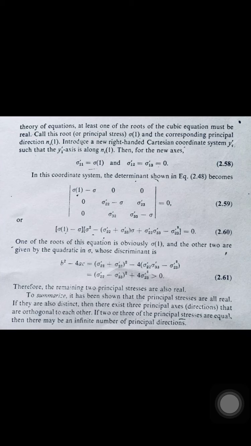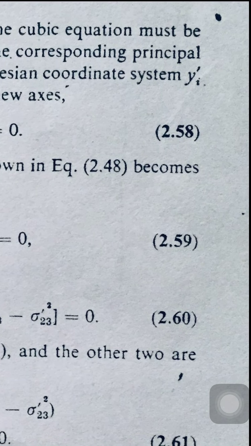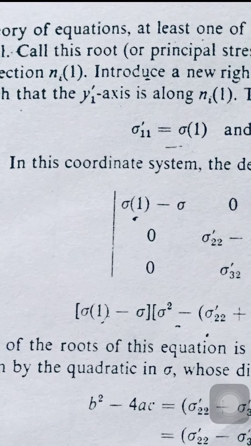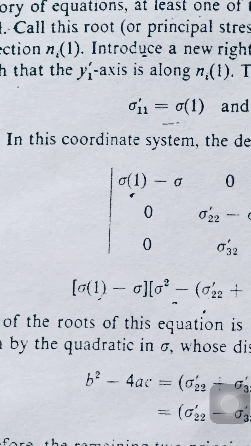What is the theory of equations saying? Whenever you have an odd number of roots, imaginary roots come in pairs. So in three roots, at least one root should be real. So we take that at least one root of the cubic equation must be real.